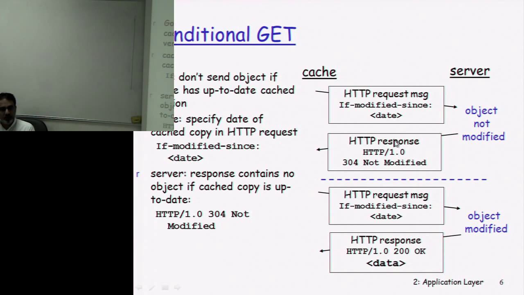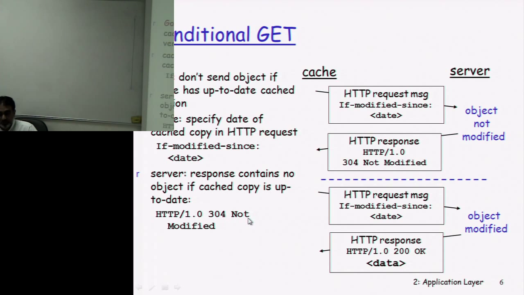The cache specifies the date of the cached copy in the HTTP request, modified since this date or not. If not modified, it will be served locally. The server response contains no object if the cache copy is up to date.